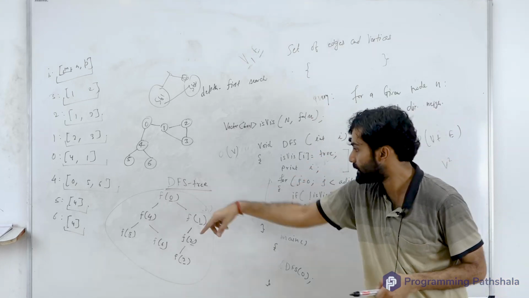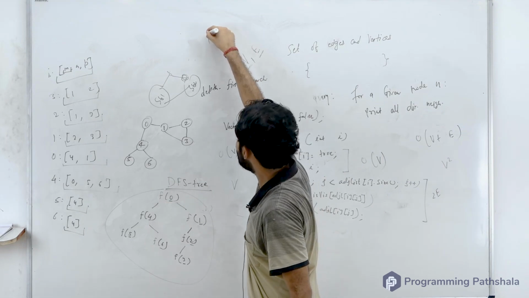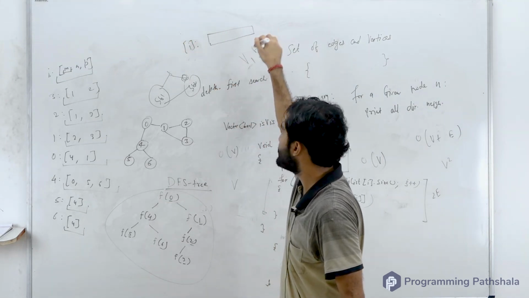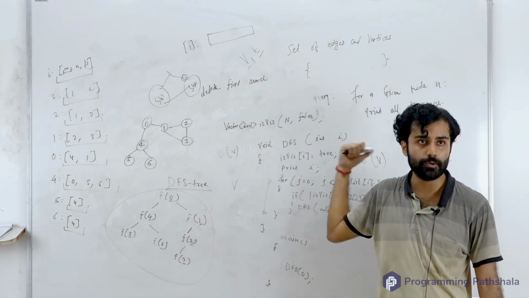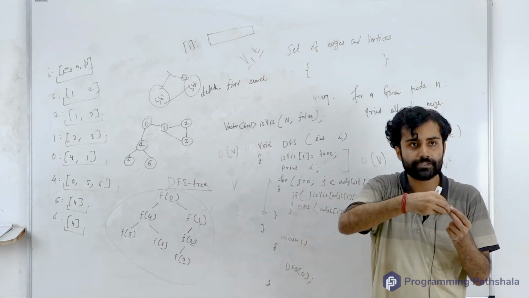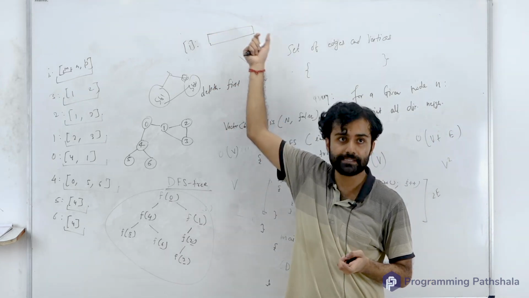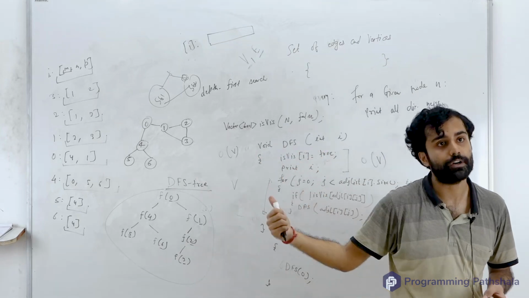The number of function calls is V, and in each function call, you inspect the row of the matrix which corresponds to I, and that row comprises V different values. Because to figure out which nodes are direct neighbors, you have to check this entire row and see which cells are equal to 1 and which cells are equal to 0. So in that case, it would have been order of V square.